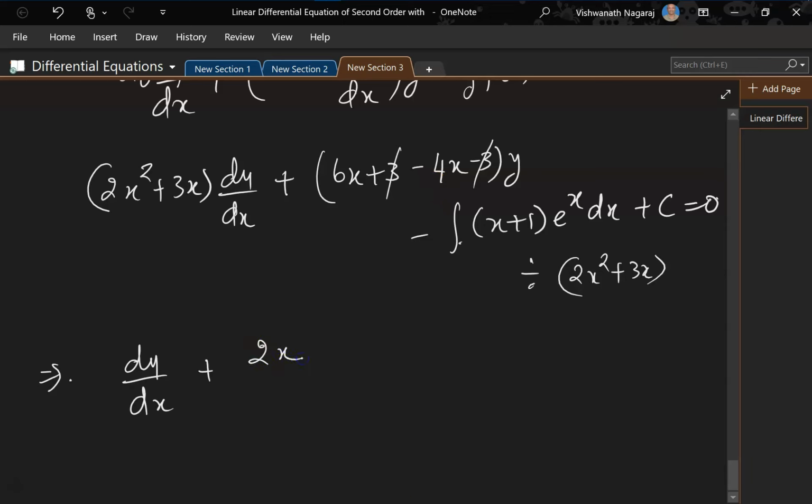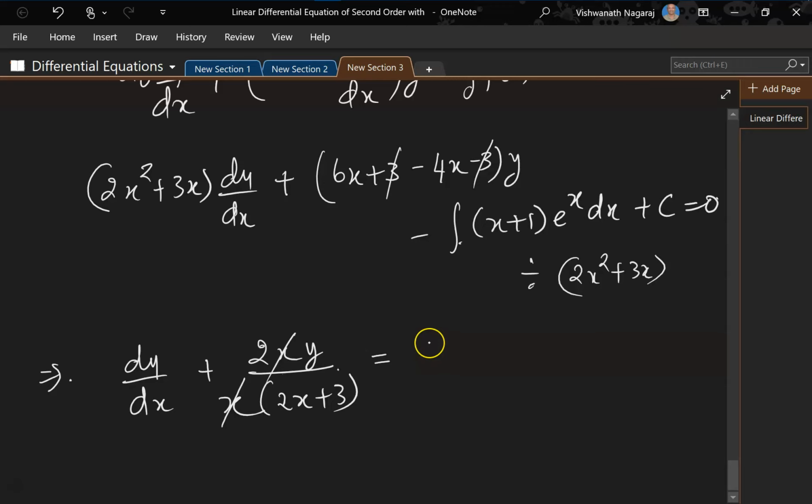So 2x and y by 2x square plus 3x. And by the way, here one of the x can be taken common. So 2x plus 3, and x and x cancel. Minus this, actually we can take it to the other side.